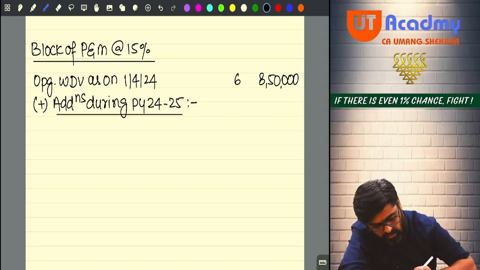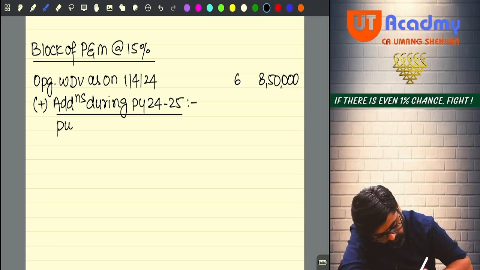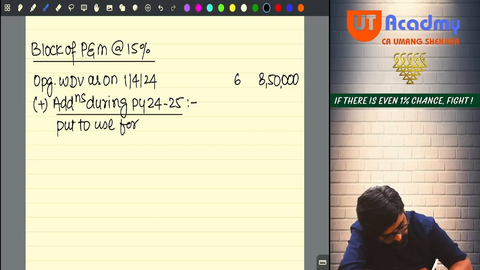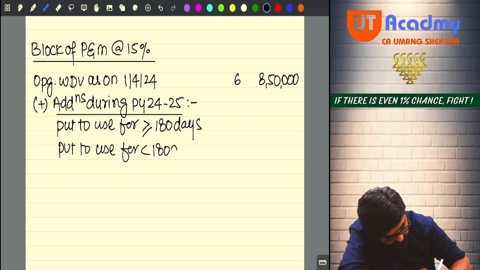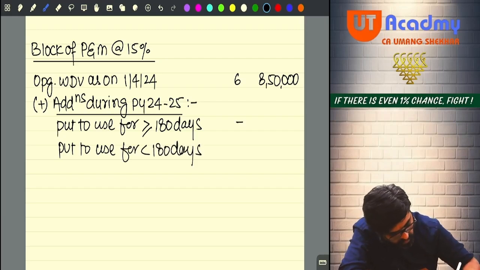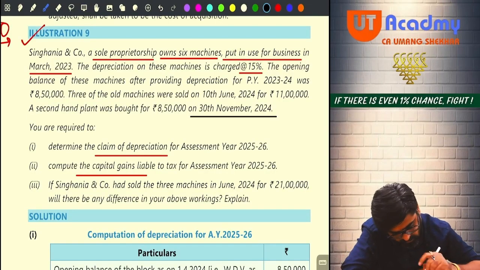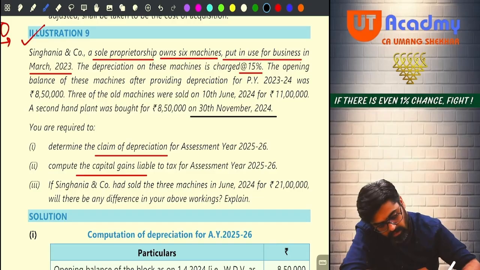It is put to use for less than 180 days, not greater than or equal to 180 days. One second hand machine is bought for 8,50,000.